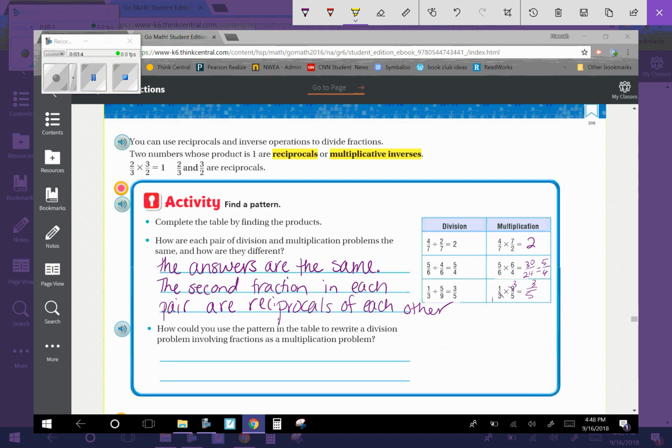So for example, when we look at 2/7, 7/2 is the reciprocal, or 4/6 and 6/4, 5/9 and 9/5. So that second fraction has the reciprocal in the multiplication problem.